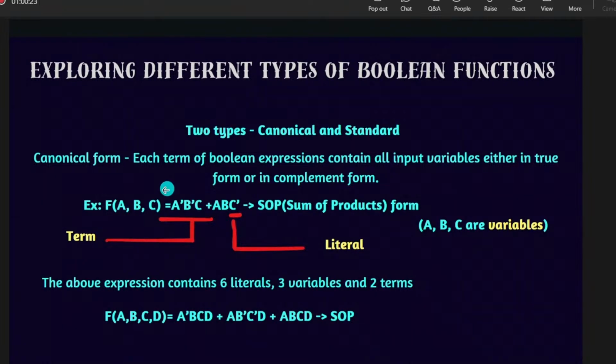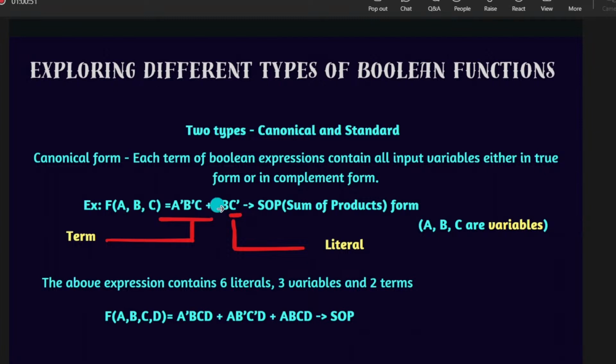Before we look further, I want to define certain things. First, f represents a function here in the first example, and the function is made up of three variables, that is a, b, and c. So here a, b, c are the variables, while the function contains two terms, that is the sum.